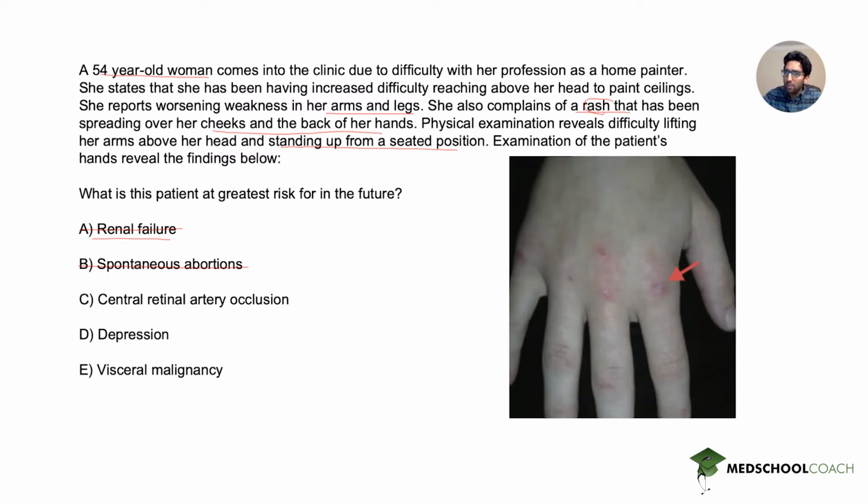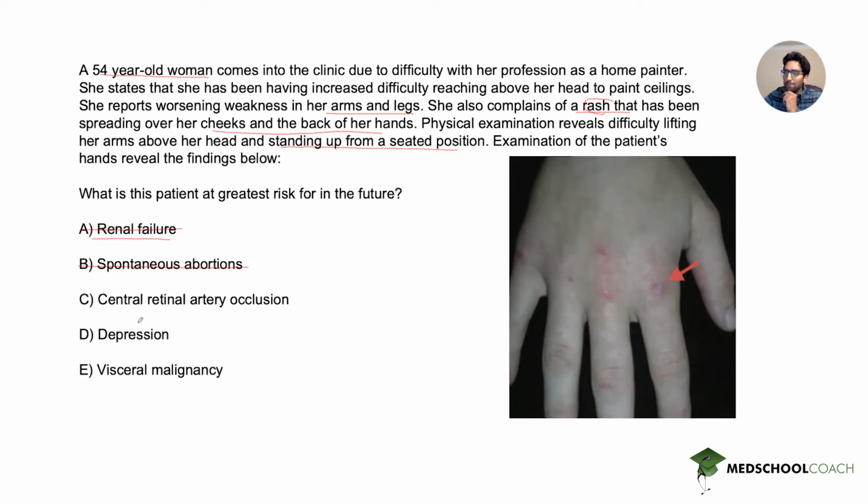So then we have central retinal artery occlusion. Central retinal artery occlusion is a risk for people who have giant cell temporal arteritis. These patients typically have symptoms such as jaw pain when chewing, secondary to claudication, as well as sudden onset blindness from central retinal artery occlusion.